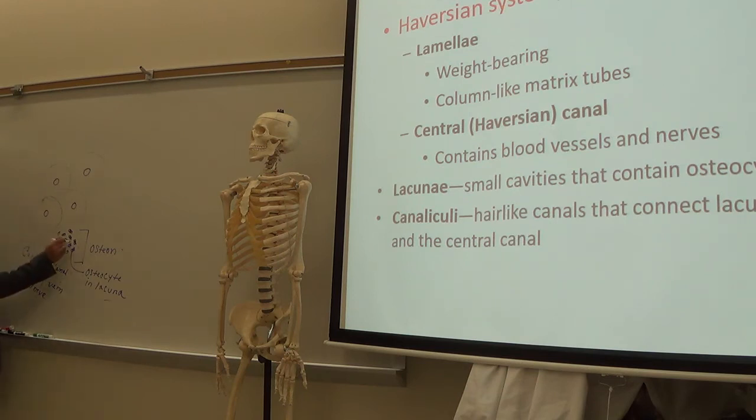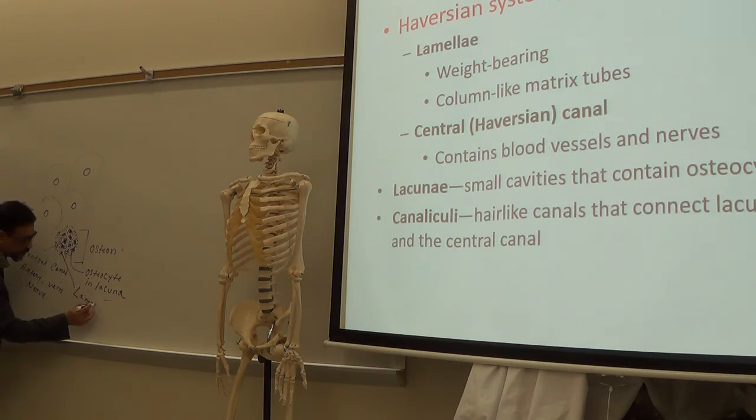Outside of the lacunae, you have the hard matrix of the bone. Bone matrix is very hard. That gives the hardness of the bone. You know, bone is very hard, right? This matrix is called lamella.